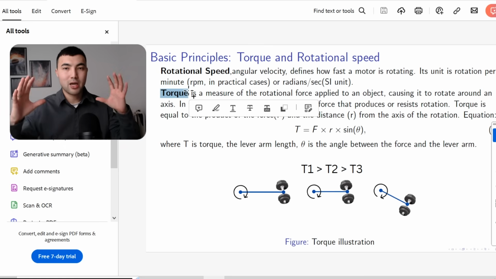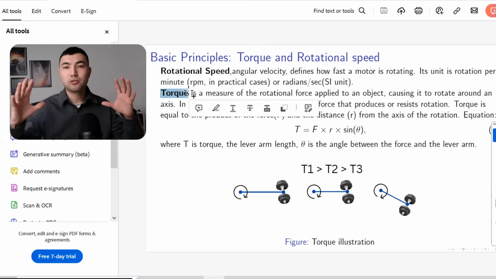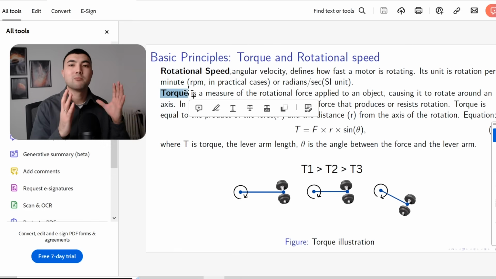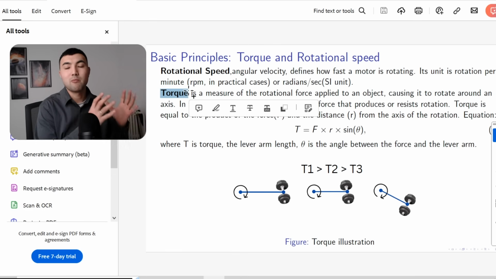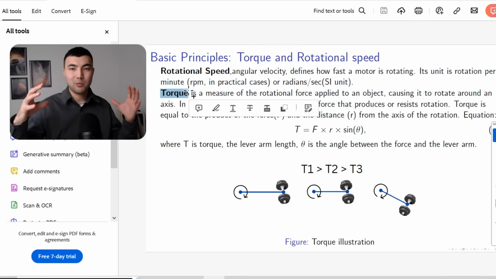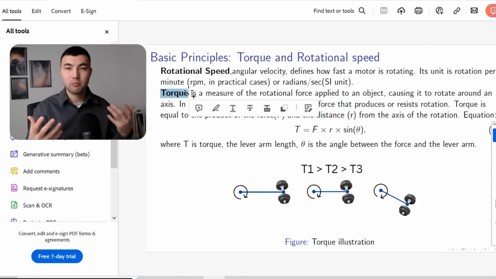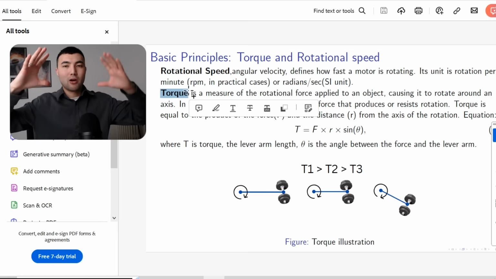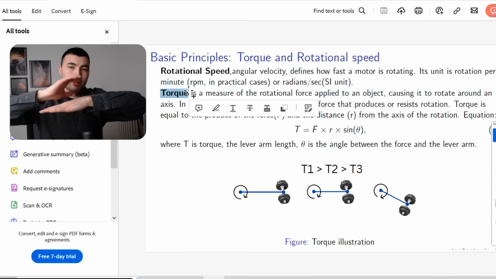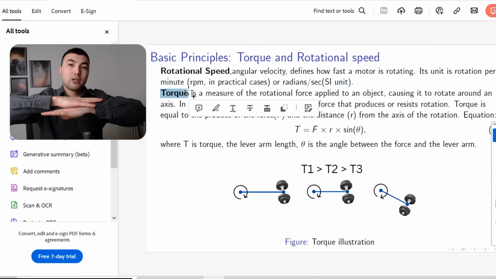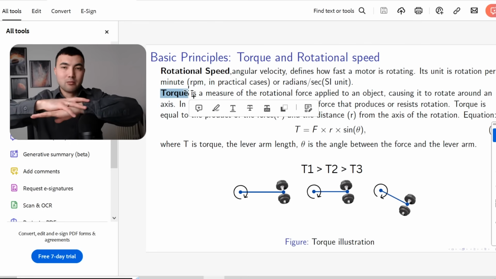Imagine that you have an object, and in order to move it, you need to exert some force. And also there might be some force which will resist the movement, which for example could be friction. So if you have an object on a surface, and if you push it, of course we have some friction which will impede the movement.